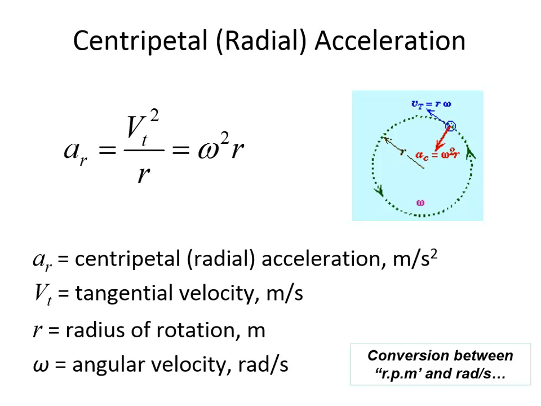So anytime you have a certain number of revolutions per minute and you need it in radians per second, and you will for these centripetal acceleration problems, multiply by 2 pi and then divide by 60. That works out to 10.47 radians per second. The minutes cancel out, the revolutions cancel out, so we have radians per second. That's the conversion between RPM and radians per second.